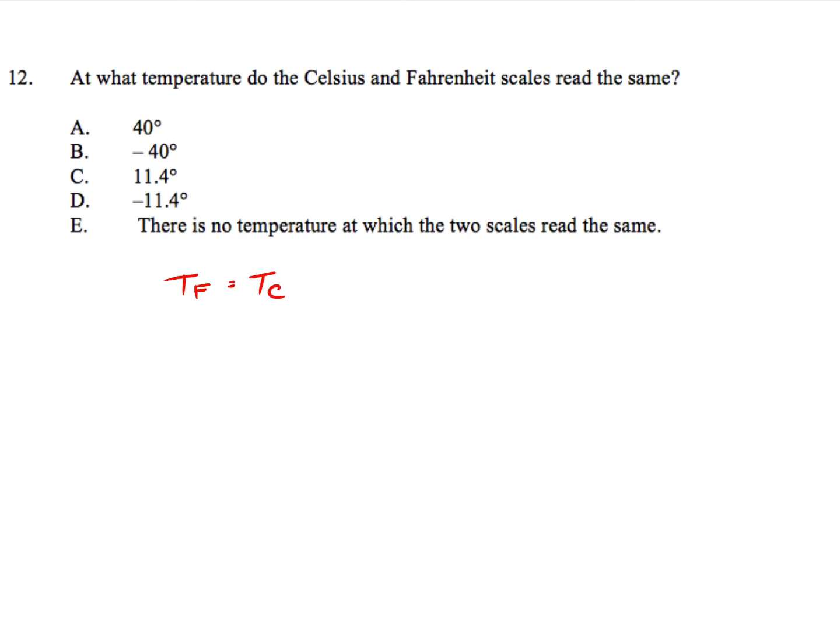Temperature Fahrenheit is temperature Celsius times 1.8 plus 32. So basically, we're going to treat each of these as Celsius and convert them to Fahrenheit. You could have treated them all as Fahrenheit and converted to Celsius. See what matched. Okay, so what we want to do is plug in each of these numbers.